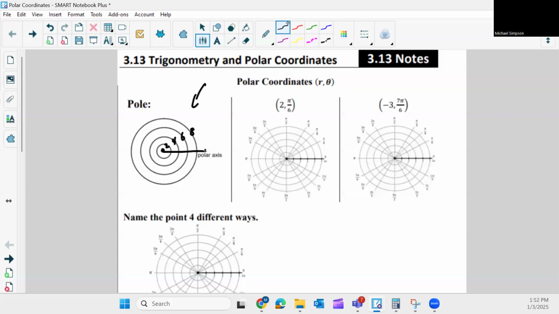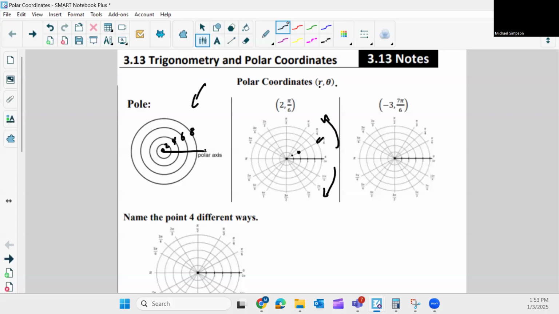Back to plotting points now. A polar coordinate has an r value and an angle. Here we have (2, pi/6). The angle is pi/6, so that's right here, and 2 is 2 units from the pole on that angle. So 1, 2, that is your point right there. Pi/6 means that we're going counterclockwise, and this direction is a negative angle.